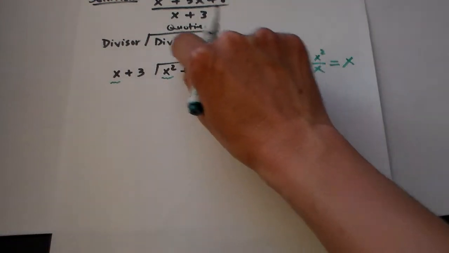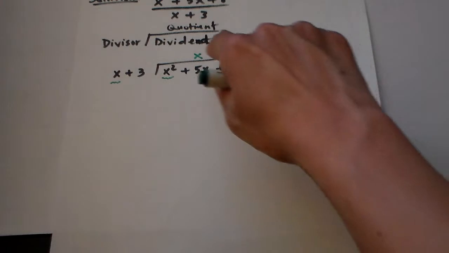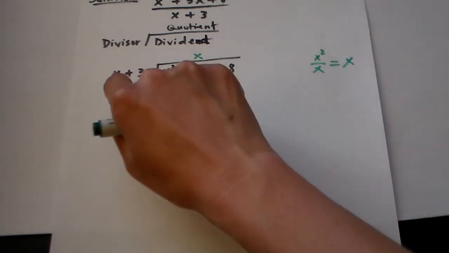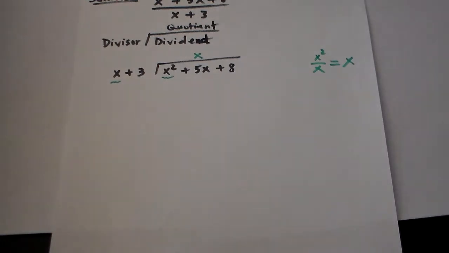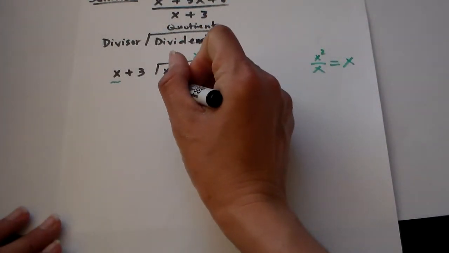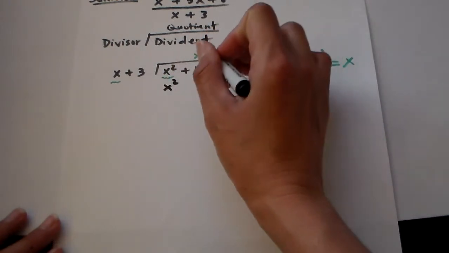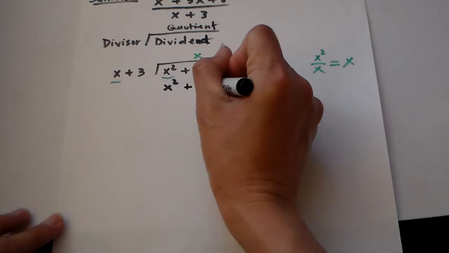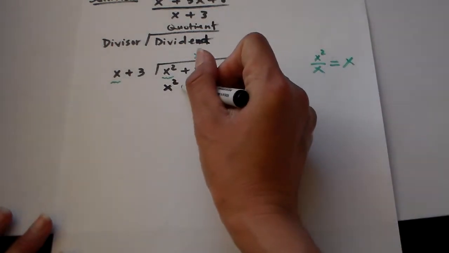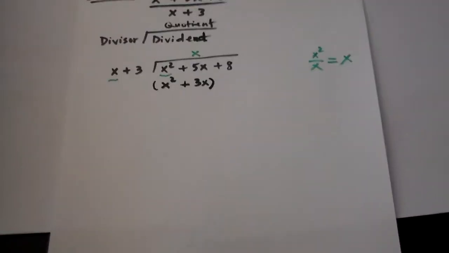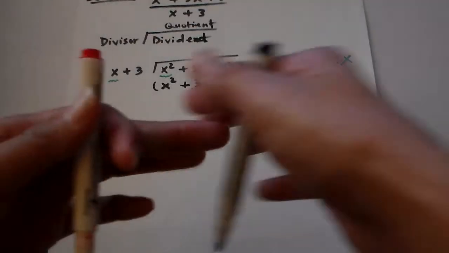So this x is part of the quotient. You take this x, multiply by every term in the divisor. So x squared times x is x squared. X times positive 3 is positive 3x. And then put everything in parentheses and you subtract.